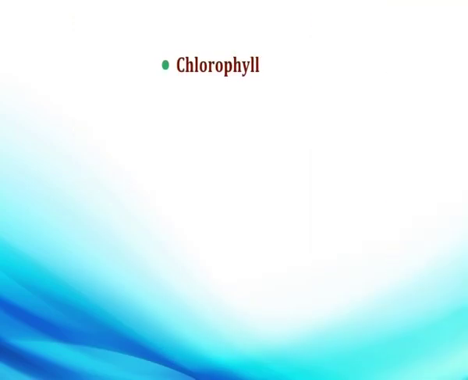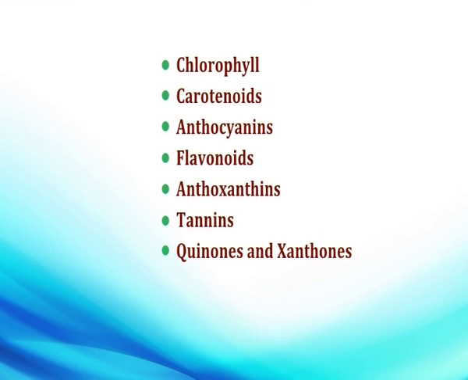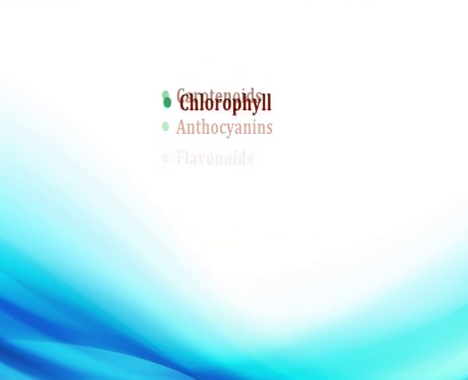The pigments that are generally found in plant-based foods are chlorophyll, carotenoids, anthocyanins, flavonoids, tannins, quinones and xanthones, betalains and synthetic colors. Chlorophyll.